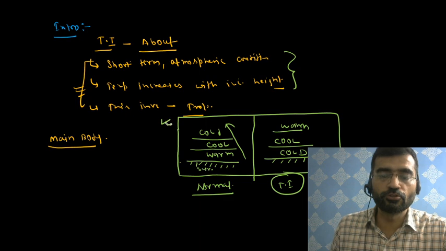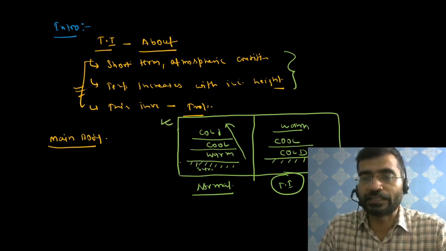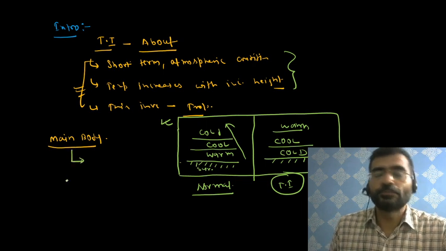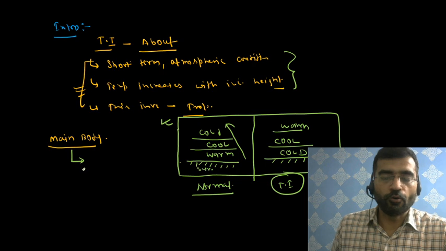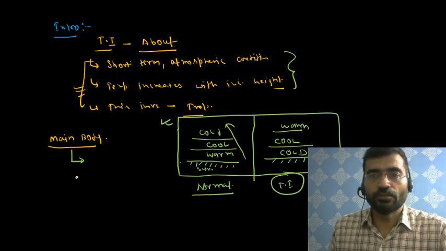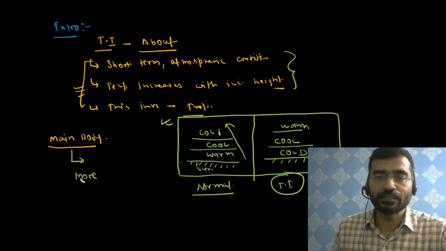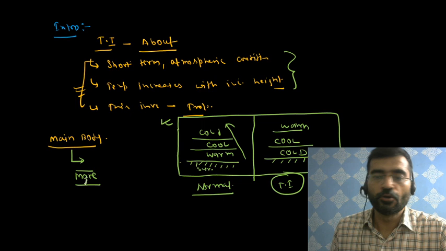So you have to draw this diagram while writing the introduction. Now let us start the main body. Begin the main body with a separate heading: more about temperature inversion.